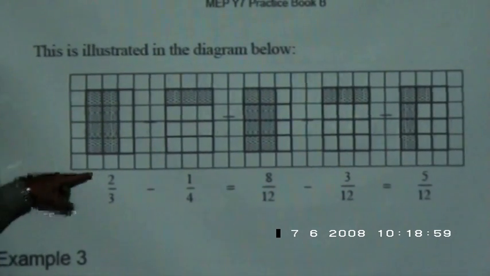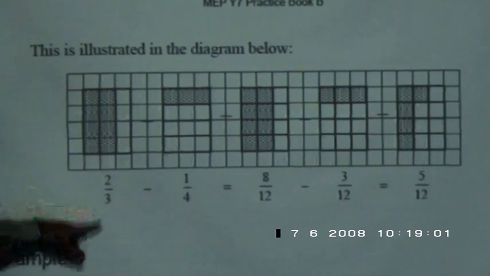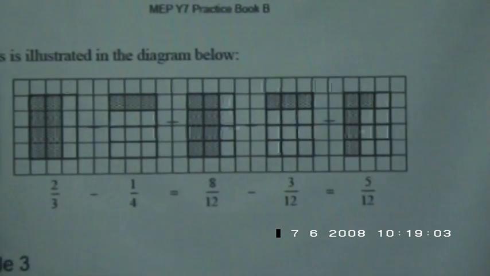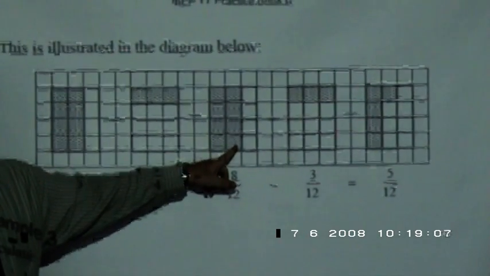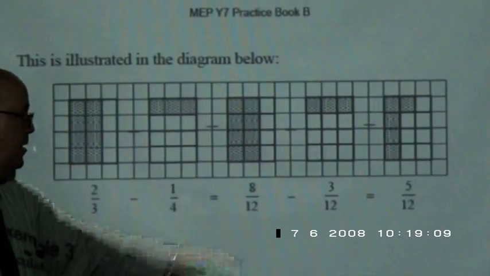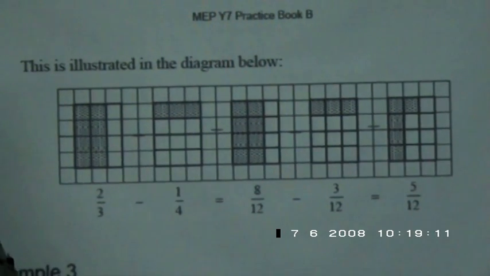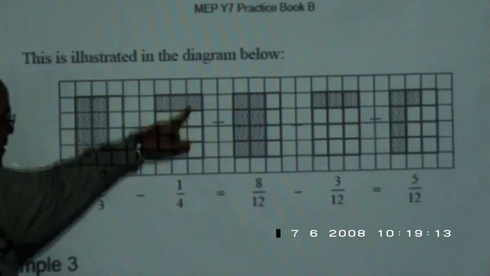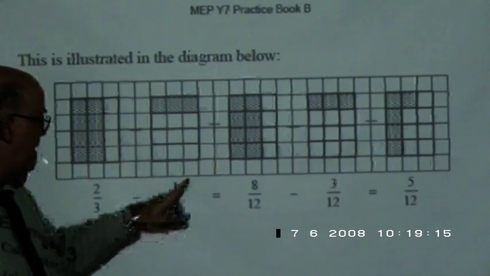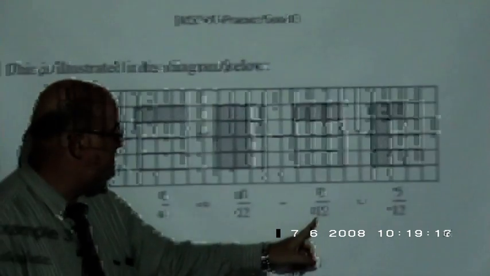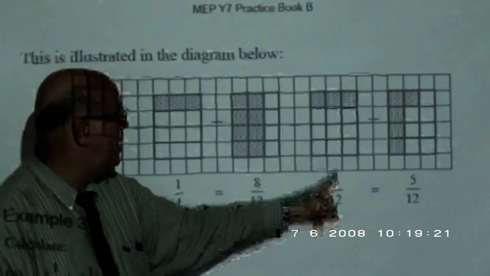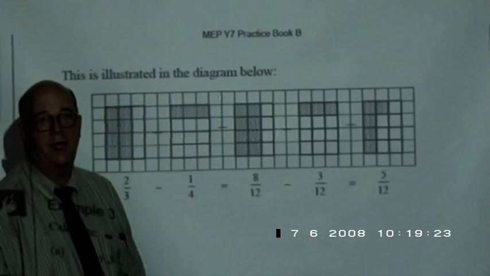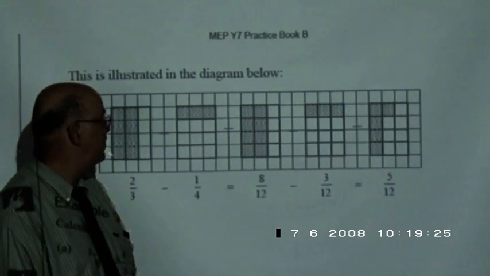So we took 2/3 times 4/4, and that gave us 8/12. And you can see here that 2/3 is equal to 8/12. And you can see that 1/4, when you multiply by 3/3, gives you 3/12. And you can see that 1/4 and 3/12 are the same fraction, the same value.